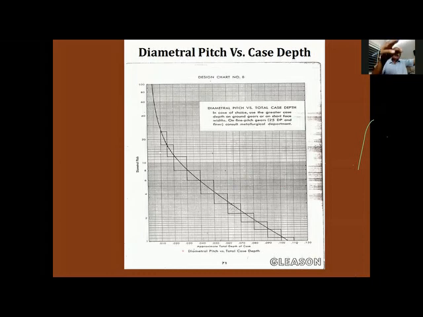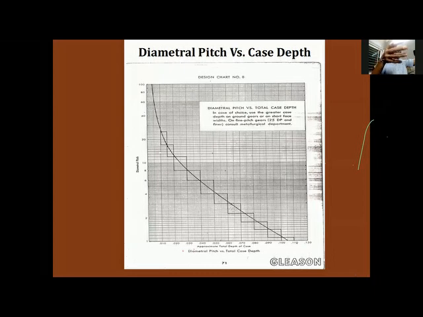Rather, the specification can be framed in such a way that it will be on the lower side of the nominal value. Like we do in the case of dimensional aspects, there will be a nominal value. We may decide to give a tolerance on the higher side only or on the lower side only, or we may decide to divide it equally from the nominal value. Similarly, we do the same thing with the case depth.